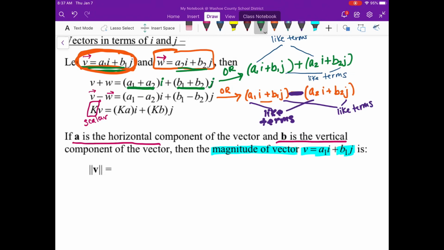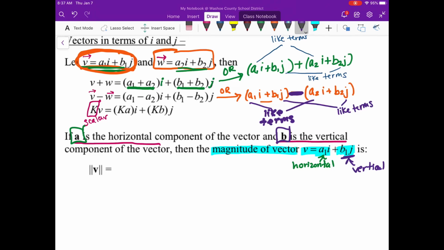It's going to have an a and a b. So again, your horizontal and your vertical. Whichever one is paired with the i, this is going to be your horizontal. So that's why it says a is a horizontal shift. And then whichever one's paired with the j, this is going to be your vertical. So again, that's why it says b is the vertical.